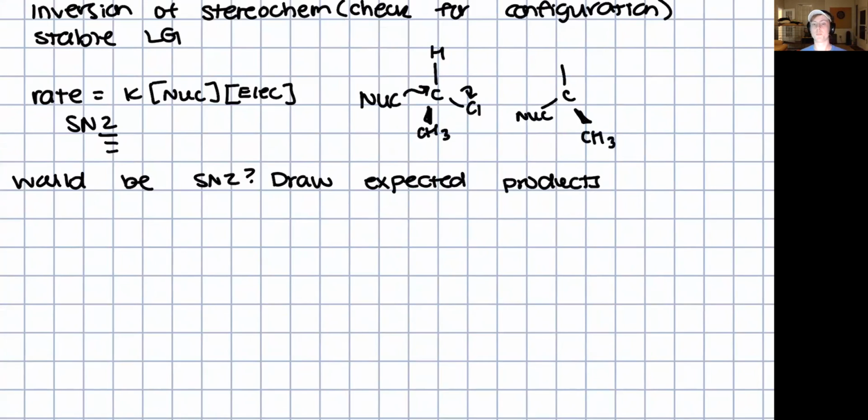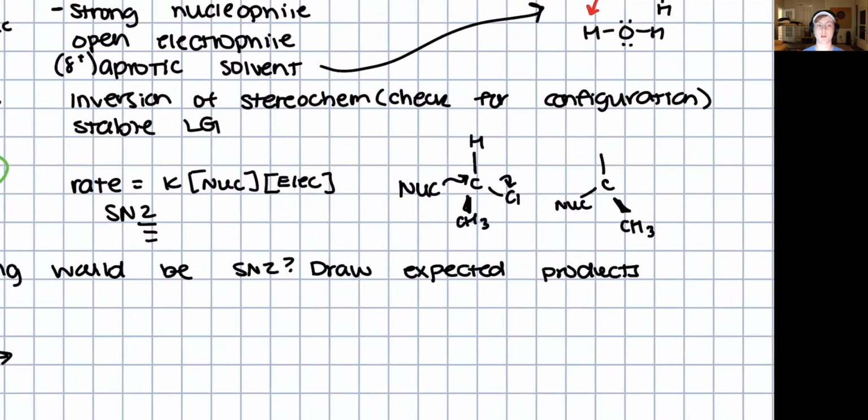So the methyl group is still coming at us, but instead of being to the left, it's now to the right. And so a lot of times when we have SN2s, we will see that the absolute configuration of the chiral center changes. That's not always the case, but for most of the cases, it will change. So when you have an SN2, just make sure that you are double checking that the priority did switch.